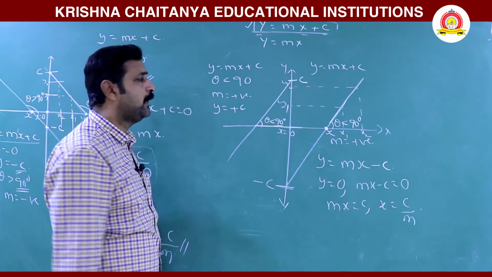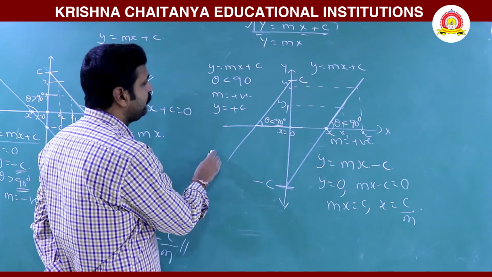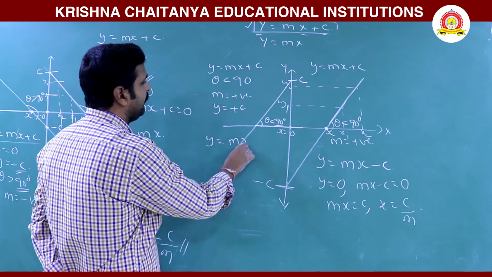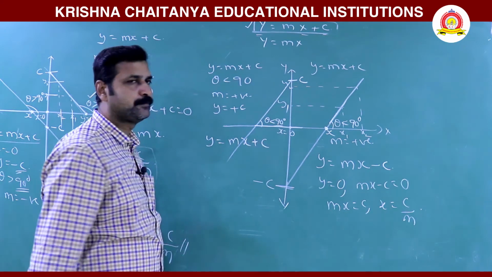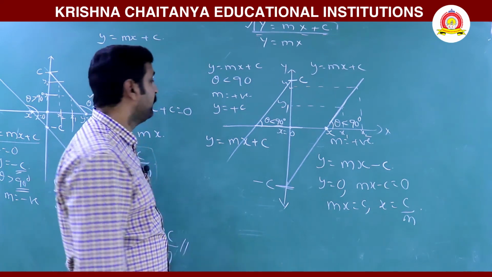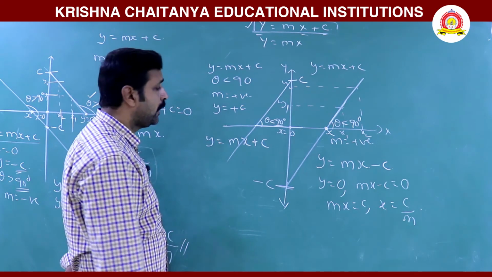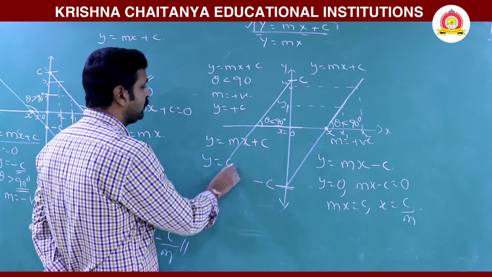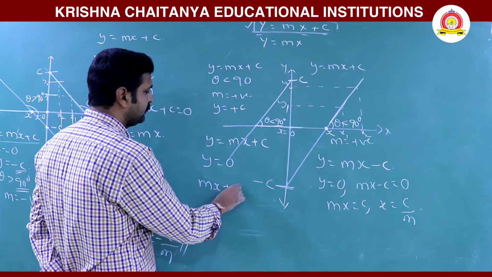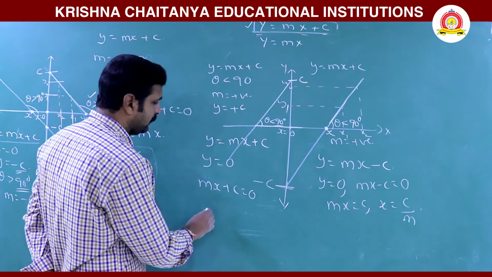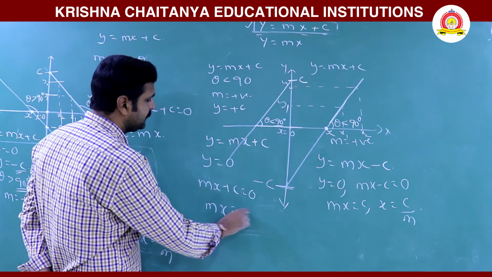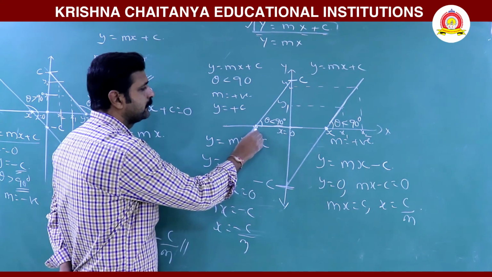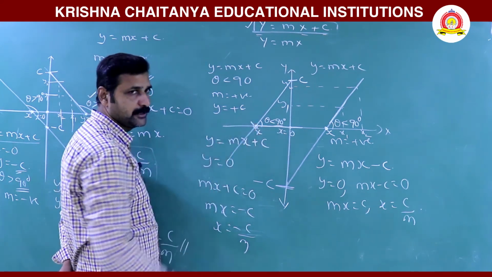The expression will be y is equal to mx plus c. Now to find the x-intercept, put y is equal to 0. mx plus c is 0, then mx is minus c, x is minus c by m, where this is on the negative x-axis.